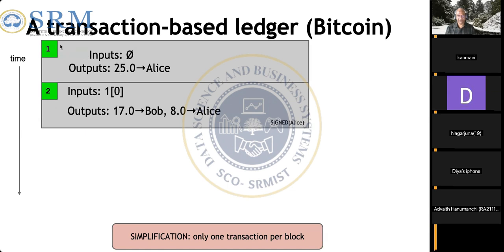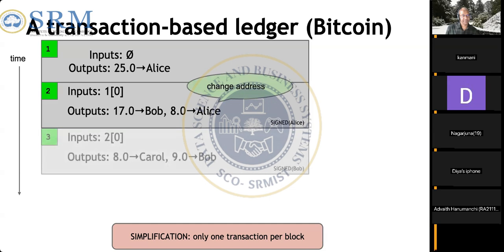She got these 25 coins from the input transaction ID 1. And remember, coins are immutable. So that means now she wants to transfer 17 coins to Bob. So she will say 17 to Bob and 8 back to herself. These are the public keys. This is also called a change address, right?